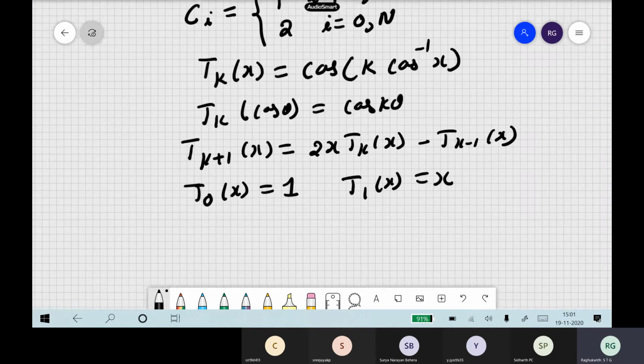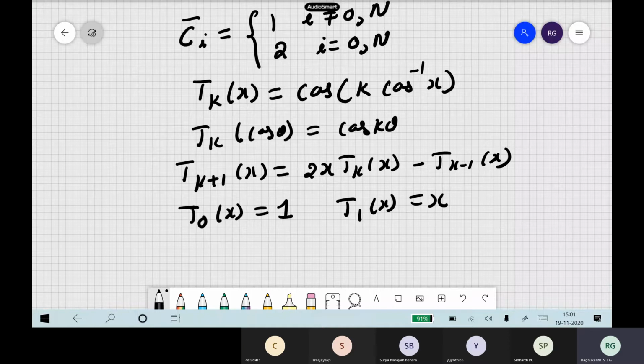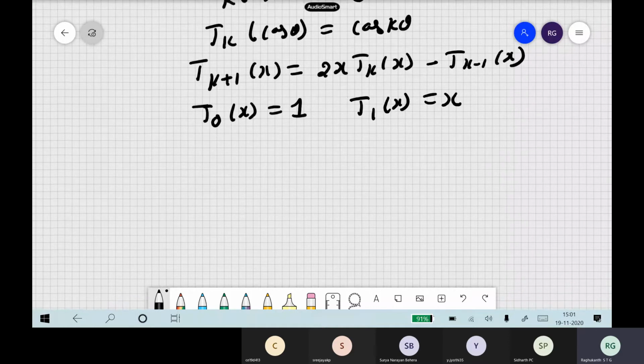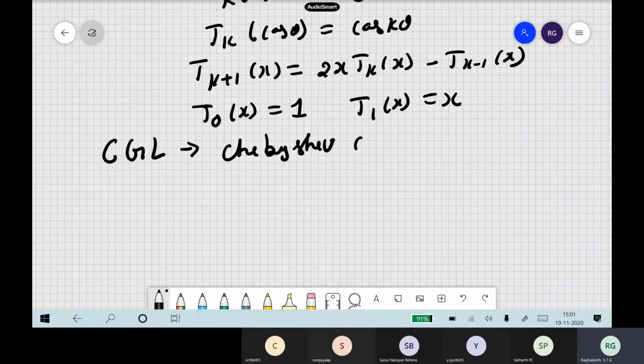Now when you are using Chebyshev polynomials in this type of spectral element, you don't use the Gauss-Legendre-Lobatto GLL quadrature. In this type they use the CGL scheme, which is Chebyshev Gauss Lobatto. This scheme is used because you are using Chebyshev polynomials, so everything should be taken as per the Chebyshev nodes.